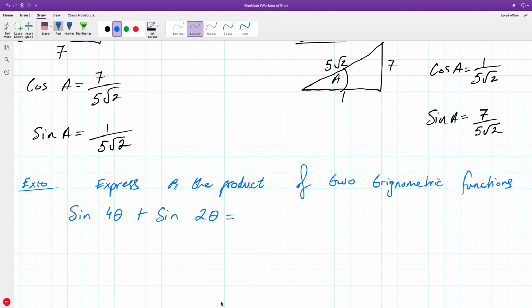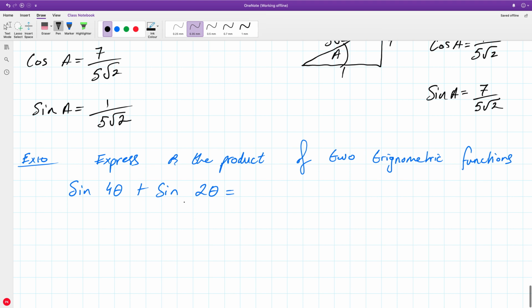Right, guys, let's have a quick go at it. So, as I said, we're using the formula at the bottom of page 15 of our logbook.